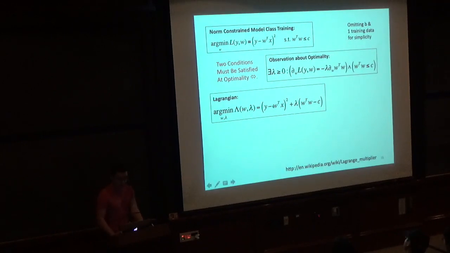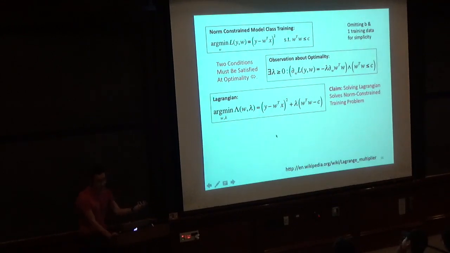The Lagrangian is simply the original loss function plus this constraint times what's called a Lagrange multiplier, which is the lambda. And the claim is that solving the Lagrangian will solve the original norm-constrained training problem. So solving this will solve this.